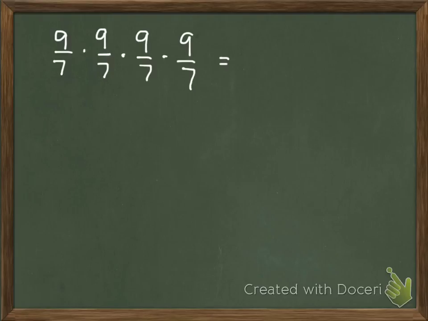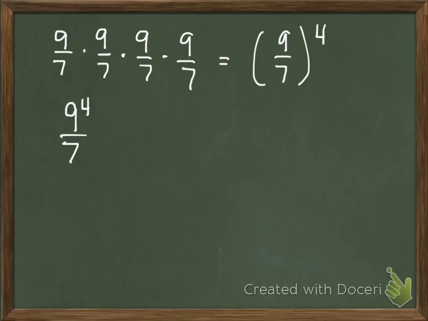So we had this expression, 9/7 used as a factor 4 times, and we wanted to write that in exponential notation. So I said we'll use parentheses and write it like that. And that means to use 9/7 as a factor 4 times. Okay, but what if I had written the expression like this without the parentheses? Think about what that might mean.